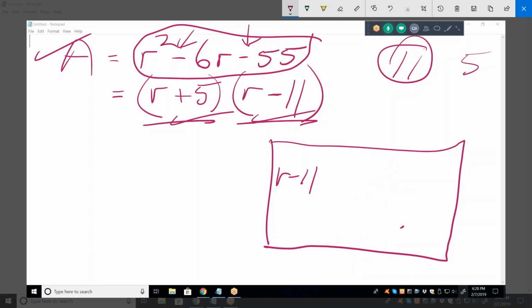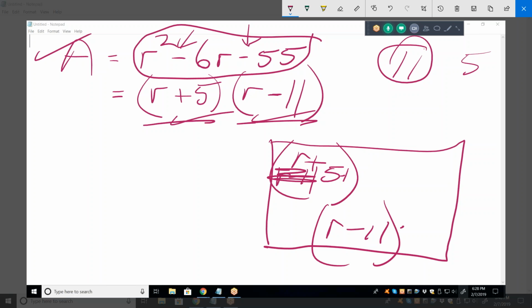How about I make this one r minus 11, and I make this one r plus 5. Now the area is still this times this. Doesn't matter what order I multiply them together. So this could be an answer also. The base might be r minus 11 and the height might be r plus 5 instead of the other way around.